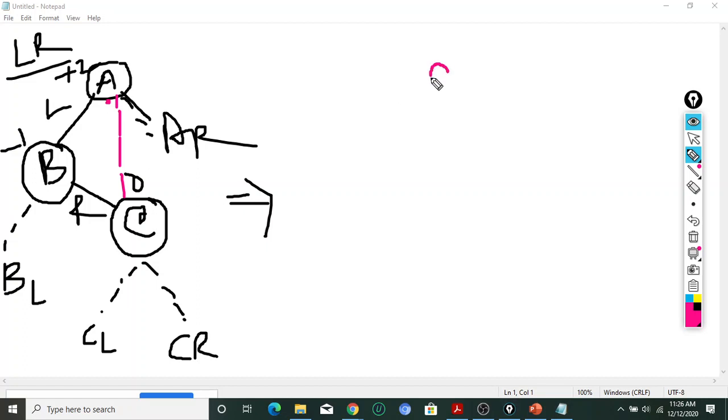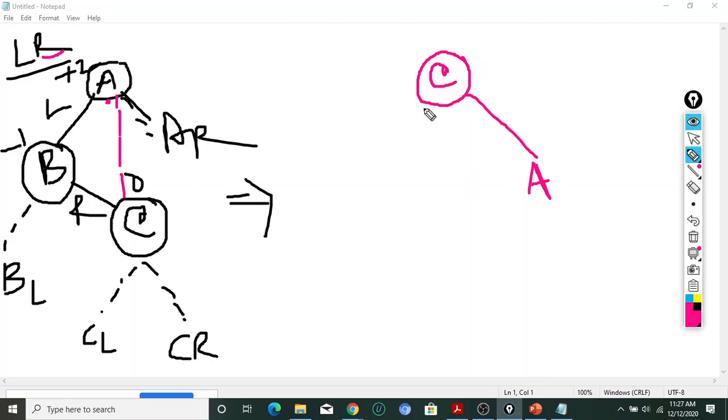I am doing it in a single step, because you already know how to perform it in two steps. So C will become my root node, and this is A. A will go on the left or right side? LR, so R stands for A being placed on the right side. So AR is here.